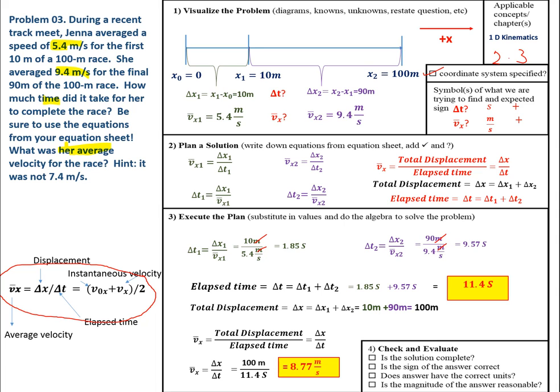It is important to note that we cannot calculate the average velocity of the entire trip by taking the average rate of the 2 segments.